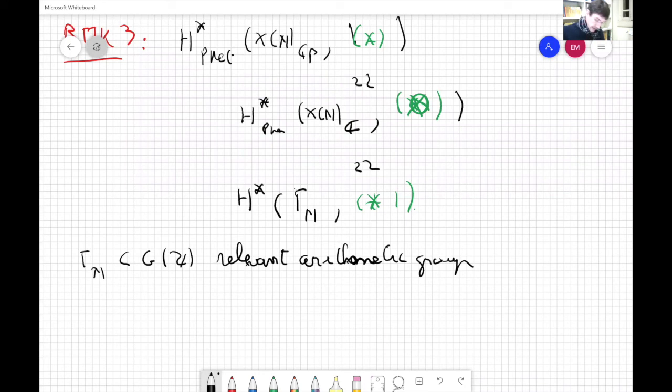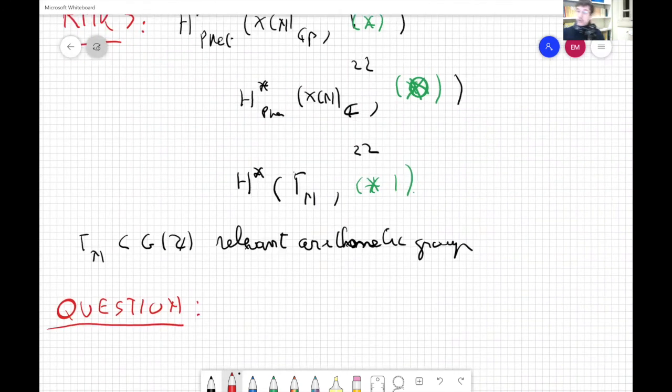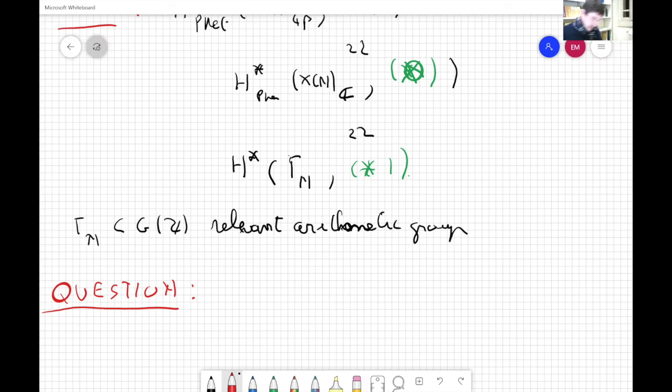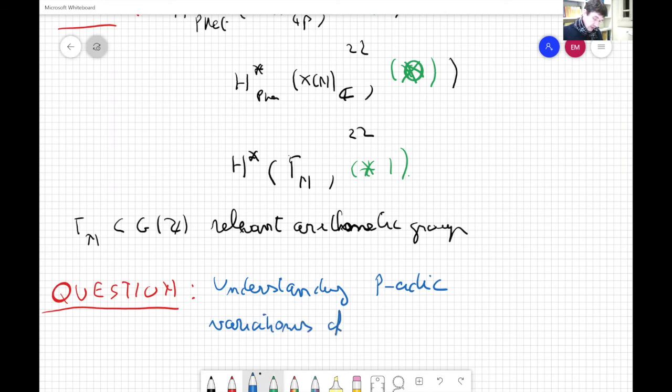Okay, and here's actually the motivating question of long-term projects with Adrian, with Glenn Stevens, and with Vincent, which is actually understanding p-adic variations of this Eichler-Shimura in weight K.